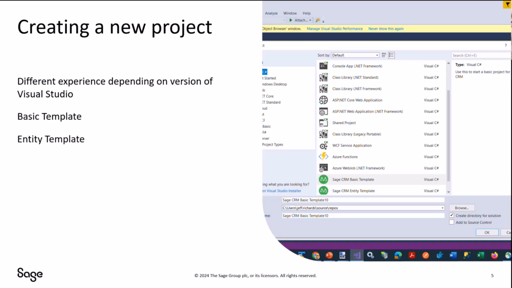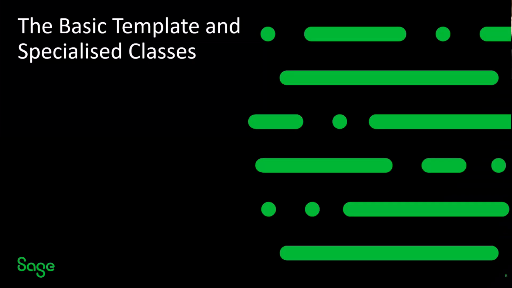So our SDK can be used with lots of snippets to allow us to construct anything that we like, and the anything-that-we-want-to-do template really is the basic template.